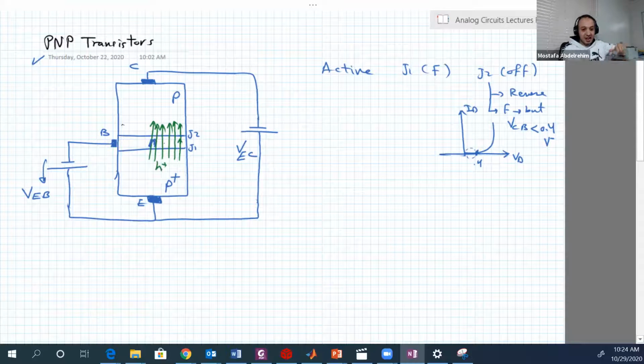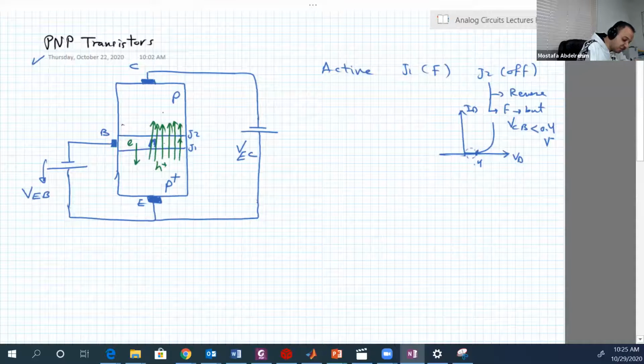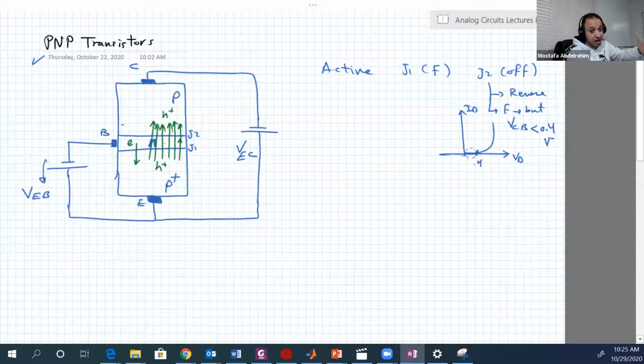In NPN, the emitter was emitting electrons. And a small number of electrons come from the base to the emitter. And of course, the collector will collect these holes that came from the emitter. And again, although J2 is reverse, we could inject current through it.